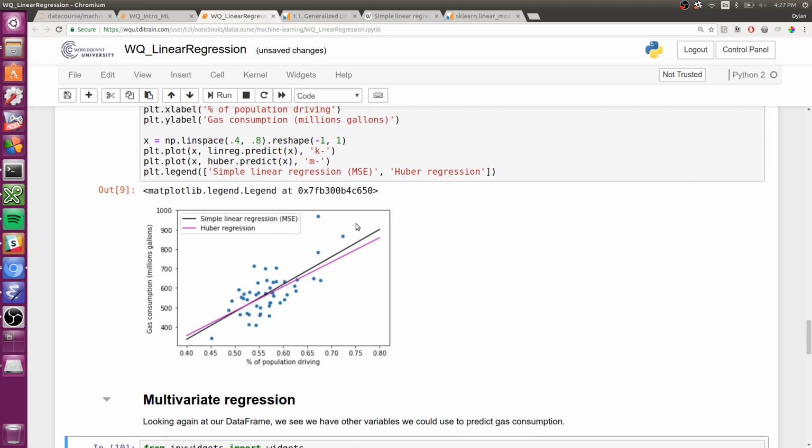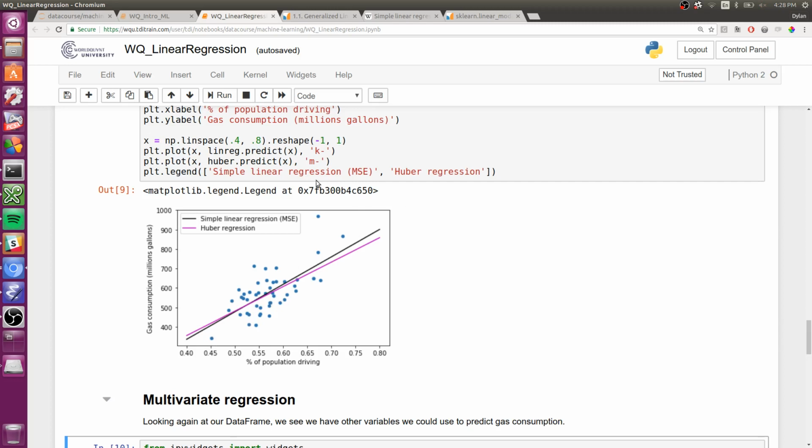Before we began with any of this linear regression, I plotted a scatter plot of the percent of the population driving against how much gas is consumed. And we saw that this is a roughly linear relationship. There was a cloud of points with some spread to it, but they trended kind of along a line.